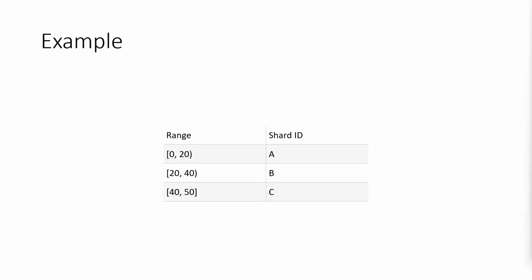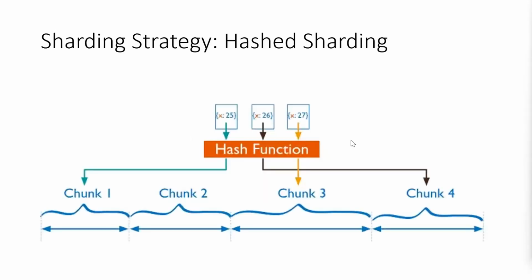Right. Now, the next one, the second one, we call hash sharding. For example, in this particular case, we can talk about a record, and we have to have some kind of hash function or algorithm to identify some hash value. The function for the hash value could be very simple.